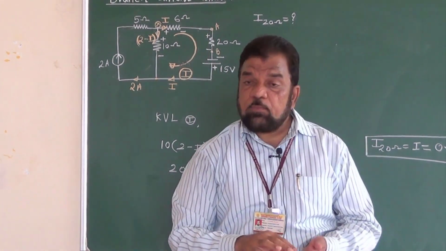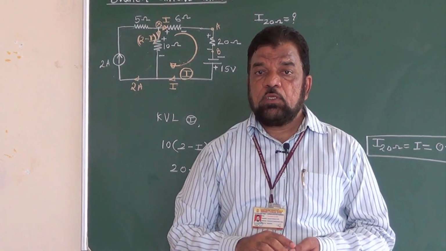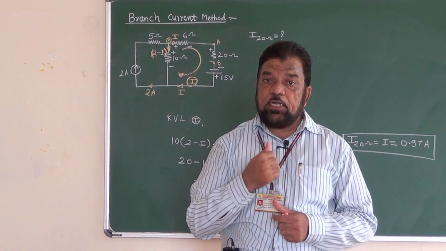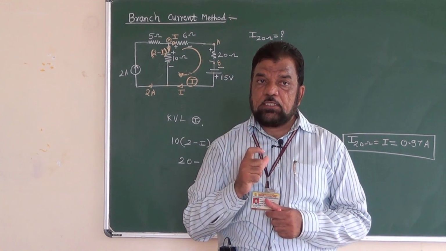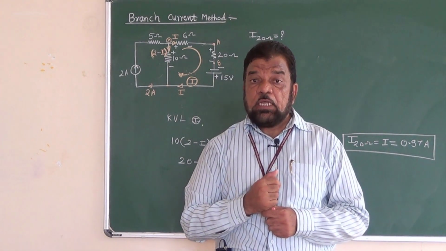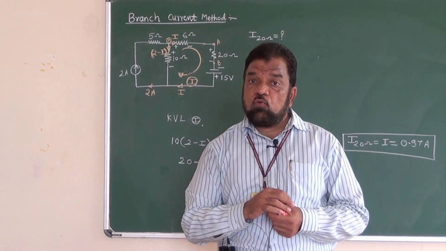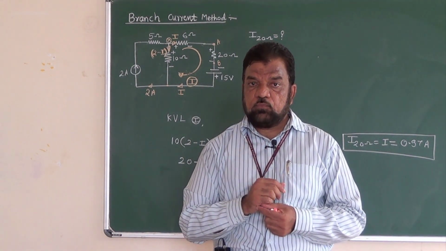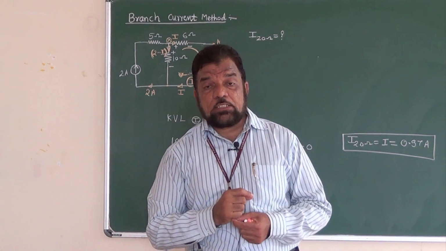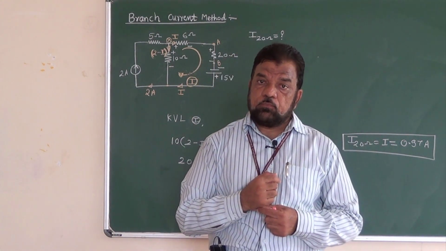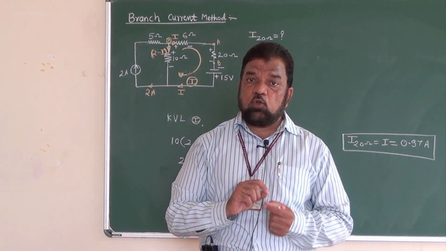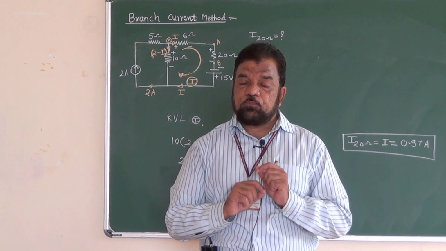Alright. Okay, that means under this branch current method, if we recall the steps once again, first step is you have to redraw the circuit. What the given circuit is there, correctly you have to put the values and the polarities and all that. The next step is you have to look for the number of loops. And then you have to mark those as 1, 2 and so on. Then you have to assign the loop direction. Loop direction simply stands for the direction corresponding to which I can apply the KVL.